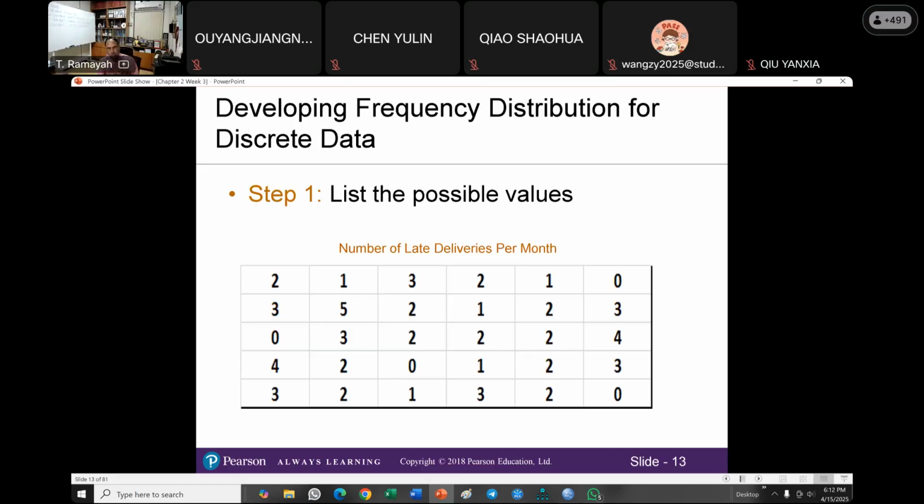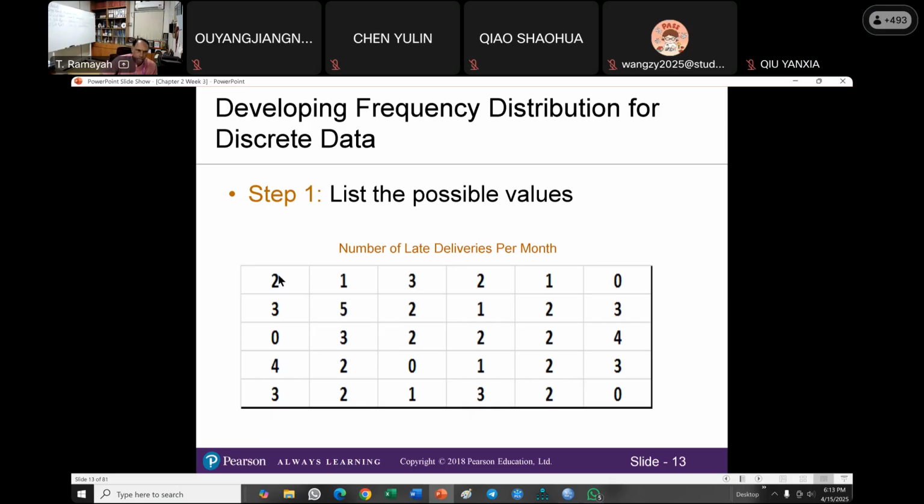So to develop a frequency distribution for discrete data, first we need to list the possible values. These are the possible values. So here we have number 0, number of late deliveries per month. 0 is the lowest and 5 is the highest. Sometimes we have 2 late deliveries on some of the days, right?